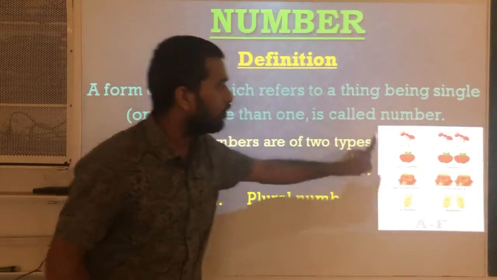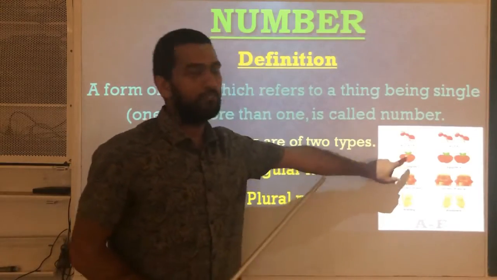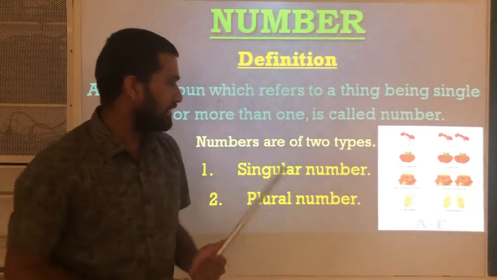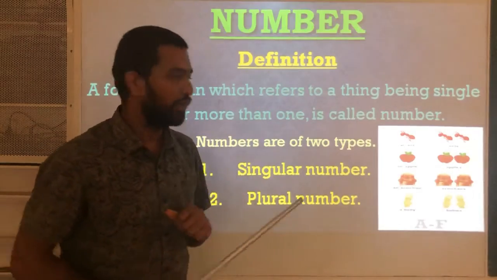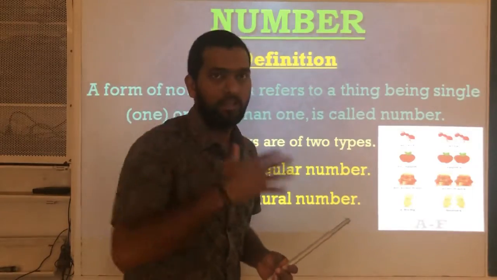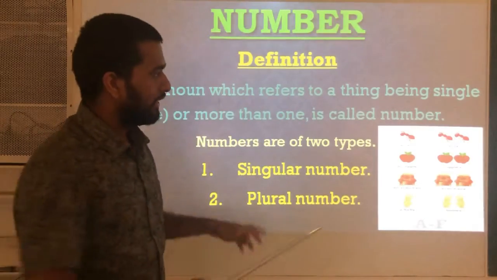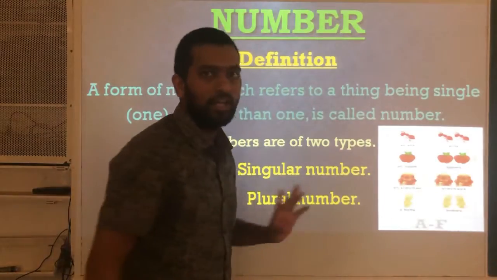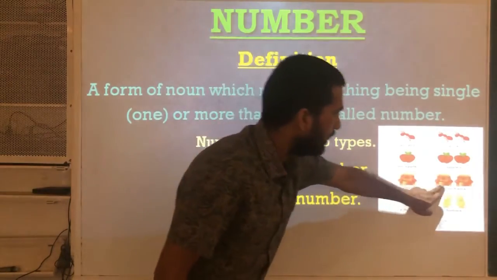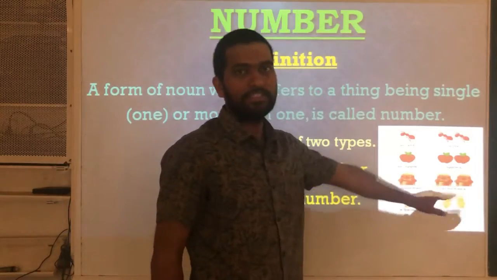Whenever there is only one noun or one item, then we consider it as a singular number. When there are more than one, means ek se upar, more than one, then we will take it as plural. So here armchair, and there are two armchairs.